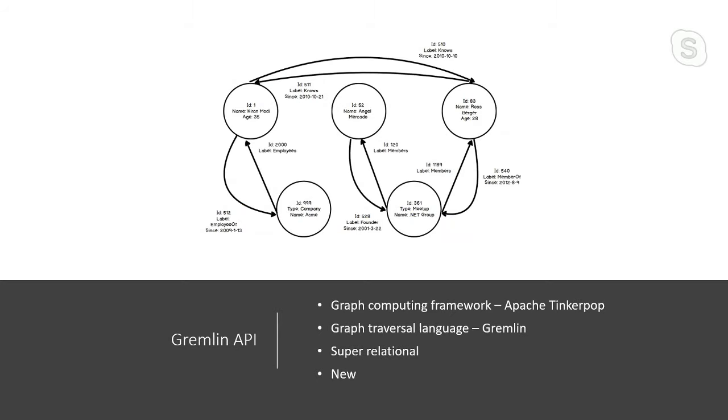Gremlin API. This actually provides a graph type database. So a couple of disambiguating terms: Apache TinkerPop is the computing framework, and Gremlin is the traversal language. Data in the real world is more naturally connected than we'd like to model in relational databases, and these types of databases offer a more free-flowing structure for adding relationships between entities.